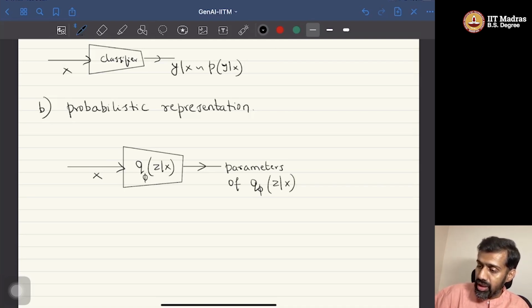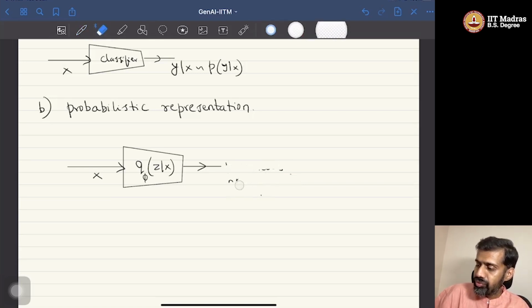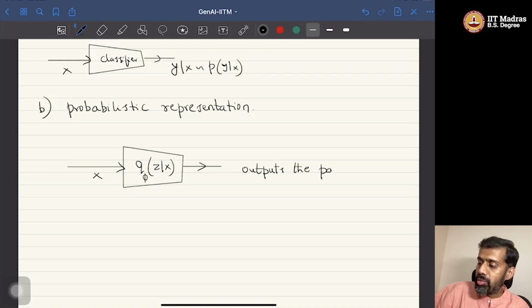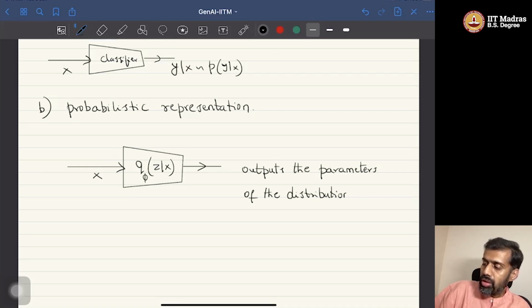Okay, so let's write it down completely. So this outputs the parameters of the distribution that it models. Please note the difference between these two representations.